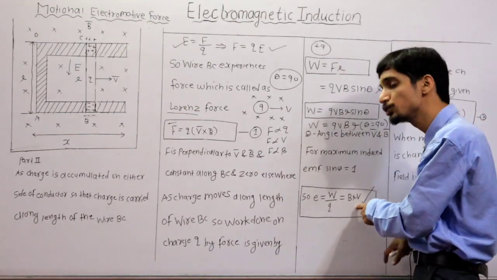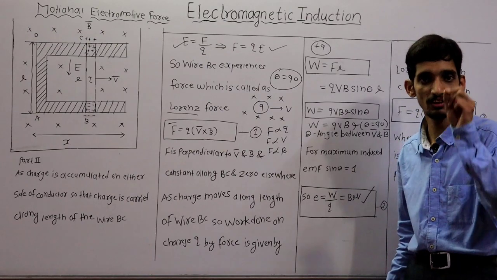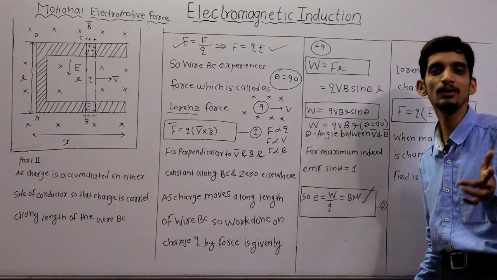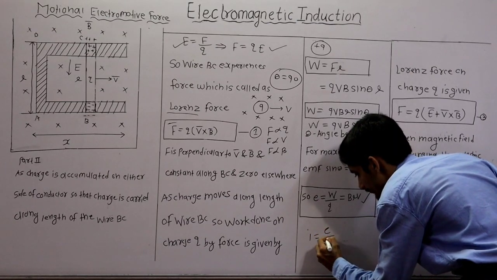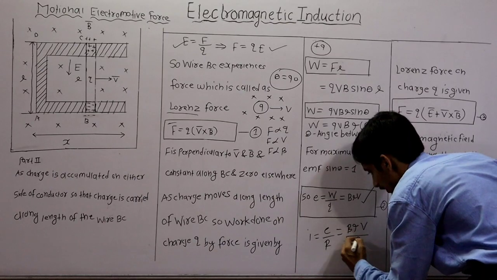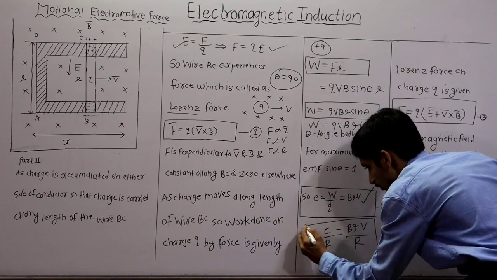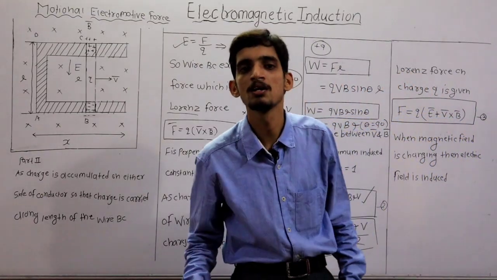So this is the induced EMF in this rod. Clear? And if we want to calculate induced current, then I is equal to E by R, which is equal to BLV upon R. That we have already discussed in this lecture.